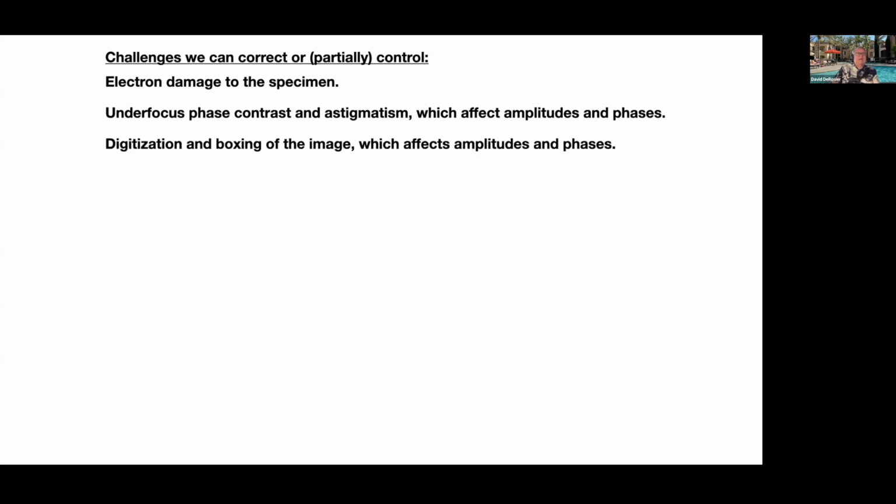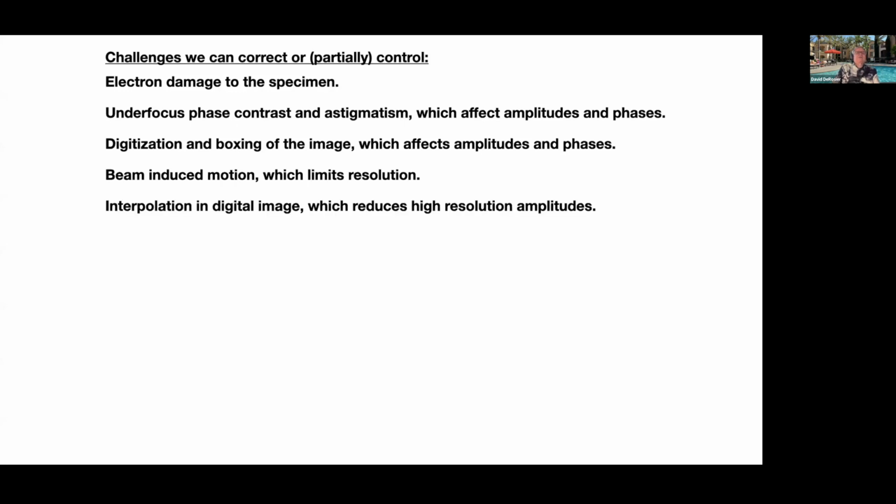We've talked about that. Digitization of the image affects amplitudes and phases. Beam-induced motion limits resolution. We've talked about that. Interpolation in the image, which we haven't talked about, reduces high resolution information, but these can all be controlled.